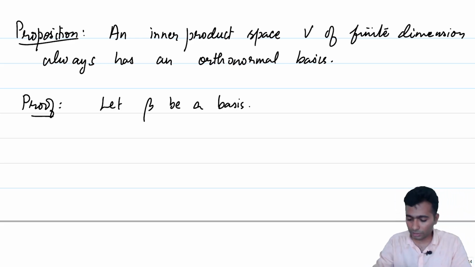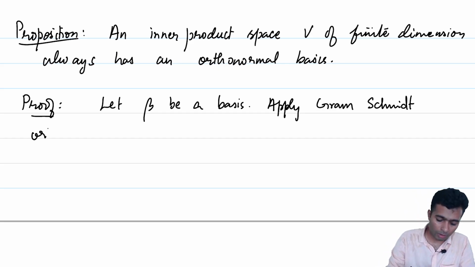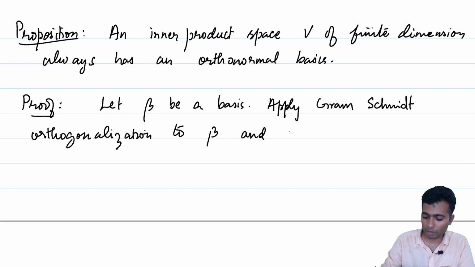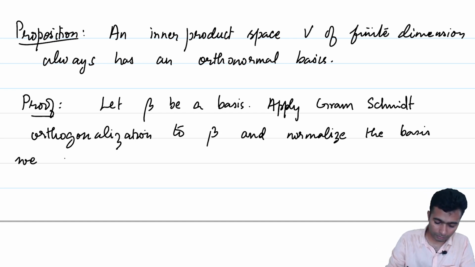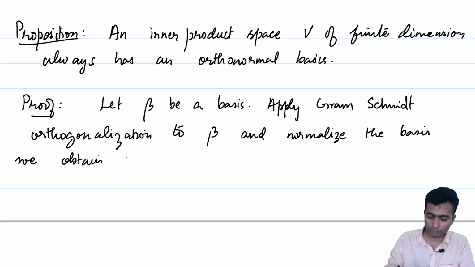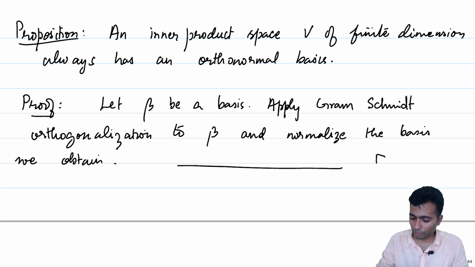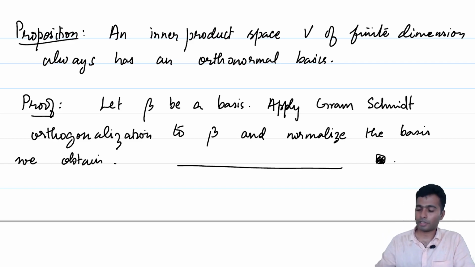Apply Gram-Schmidt orthogonalization to beta and normalize the basis we obtain, to finally obtain an orthonormal basis. So yes, we have given a proof of existence of an orthonormal basis in a finite dimensional inner product space.